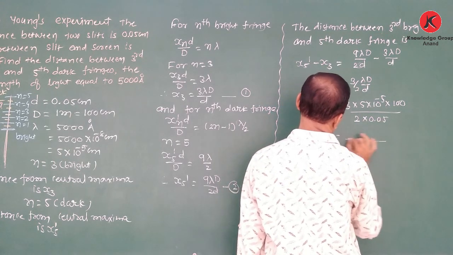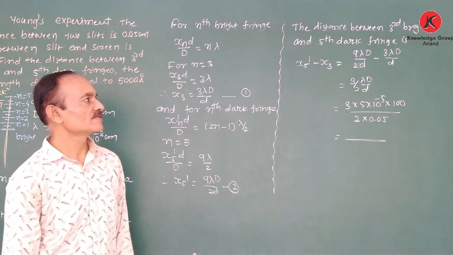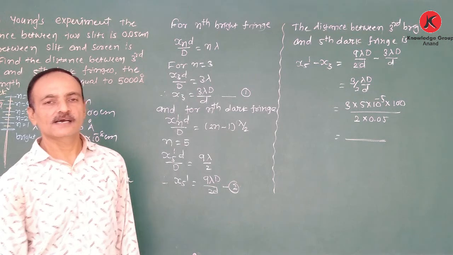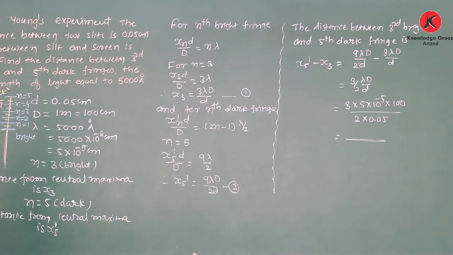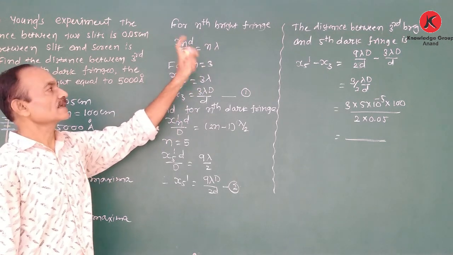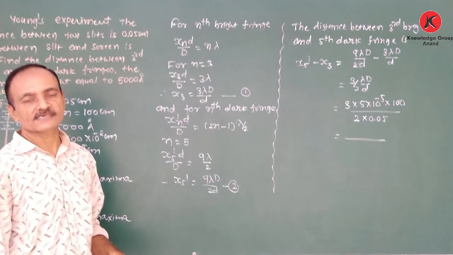Find out yourself. This is an important numerical we can calculate by using the conditions of constructive and destructive interference for n bright and n dark fringes.